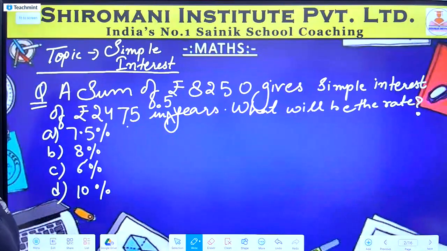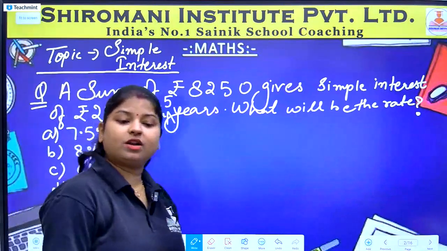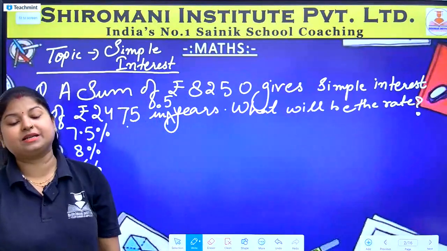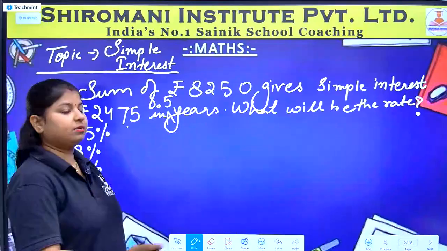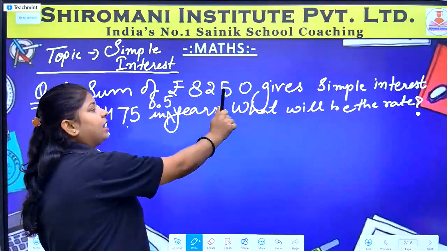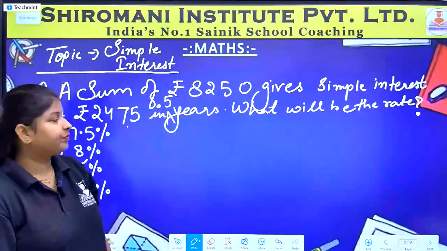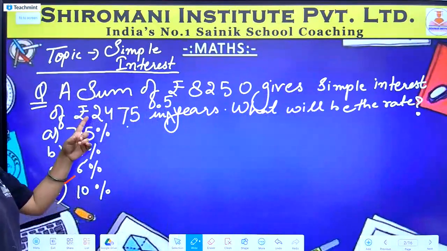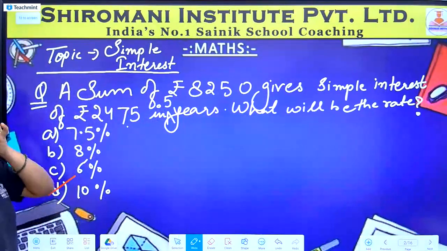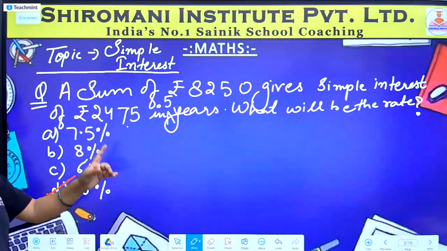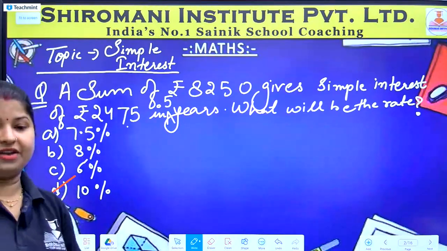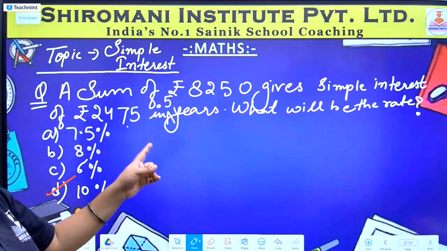A sum of money. Sum of money means what, dear? Sum of money means that the principal has been given to us. So the principal I know: 8,250. It gives simple interest of rupees 2475. I know this simple interest as well, that is 2475, in how many years?